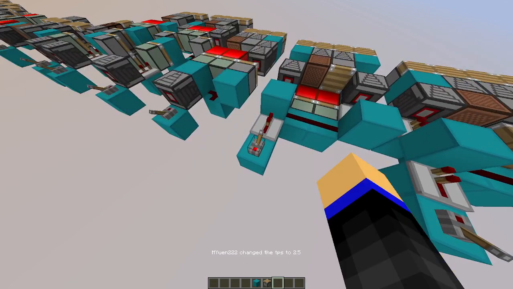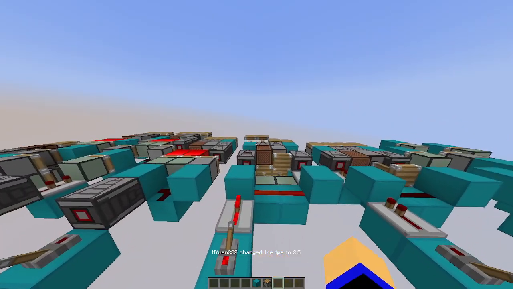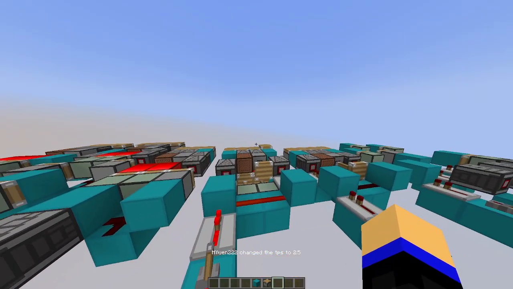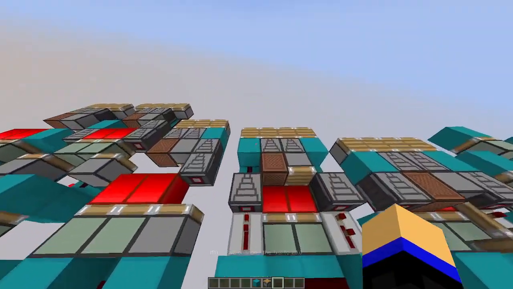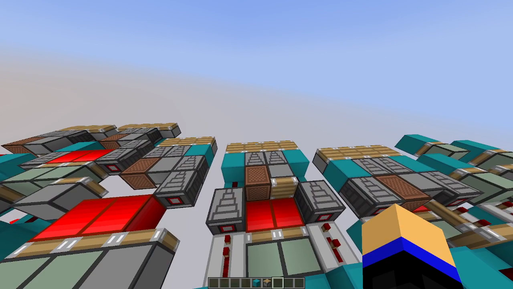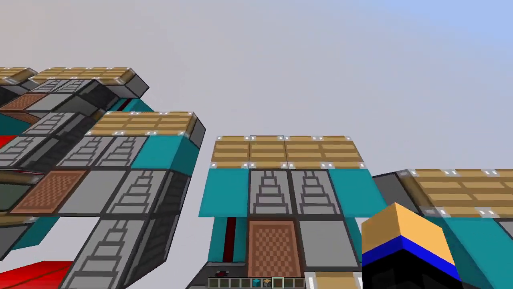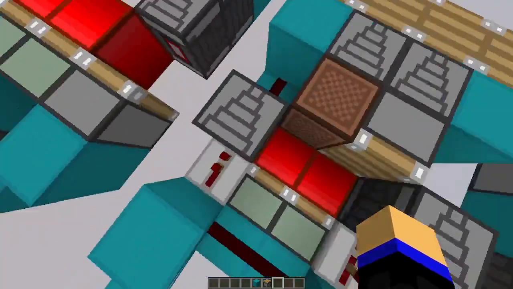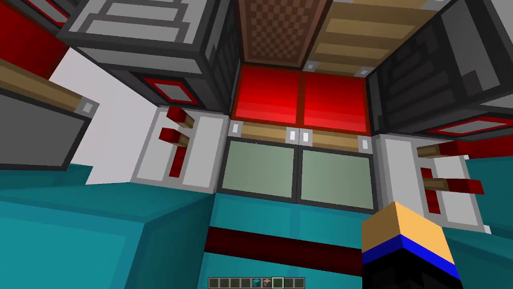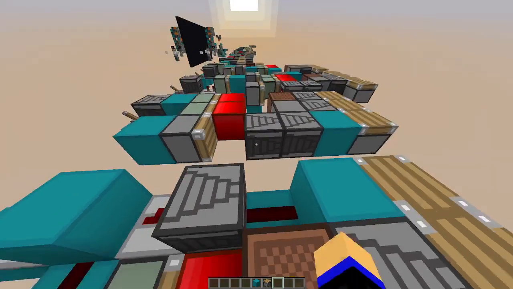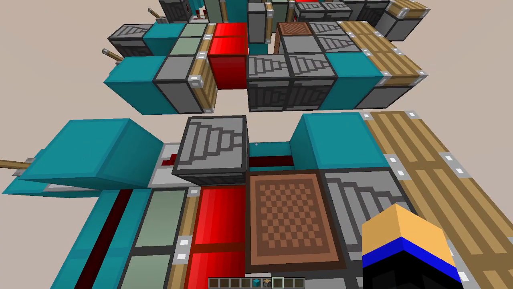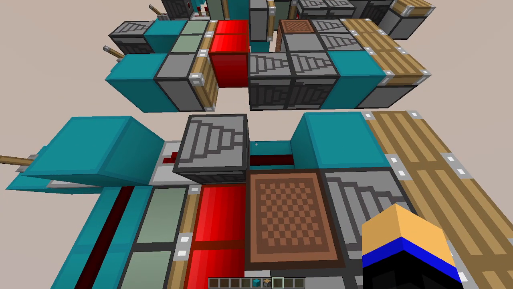Let's slow it down. These 2 power, then this middle right powers, then the right one powers. Alright, so what does this mean? These 2 have the same delay, so this has a 1 tick delay to here. It reconciles with what we have discussed in the past, right? Pistons extend blocks in 1 tick or 2 game ticks of delay.